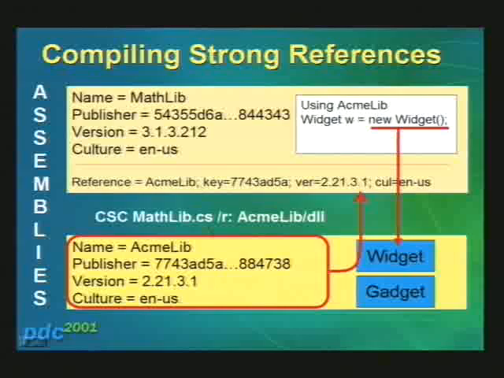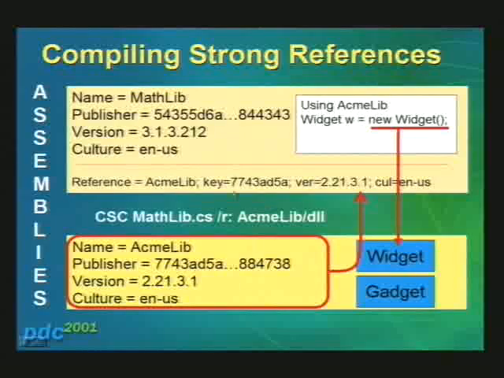So you can see it takes AcmeLib, it takes the version number and the culture, pulls it up here, and puts it into the reference for the assembly that I'm building. And it takes a token of the publisher key. So the publisher key is a 128-byte key that's put in here. We only pull 8 bytes of that out and put it in the reference, and that allows us to verify that we are indeed binding to the correct assembly.